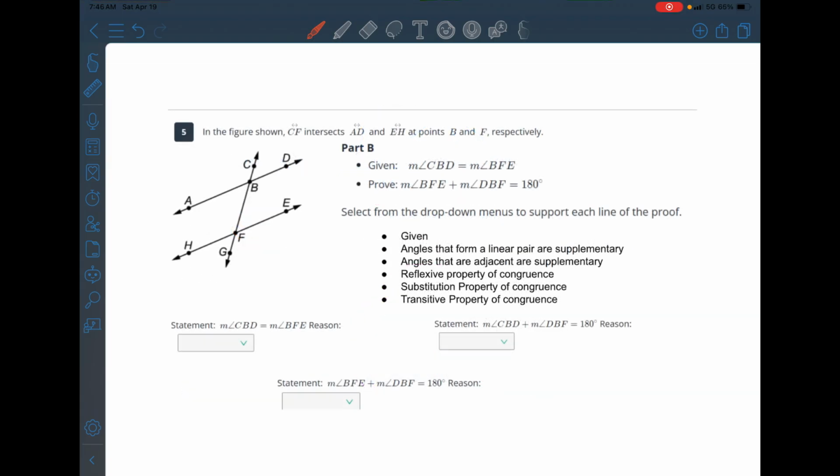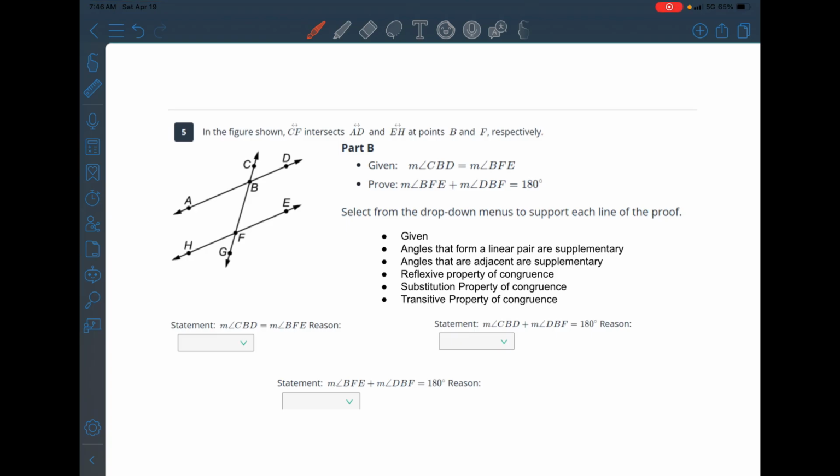You should immediately notice that this is the same as the one before it, but it's not asking to prove the same thing. So we got to put that out of our mind, what we just proved, and they may use different angles, they may use different degrees, whatever, but it's the same lines with transversal there.